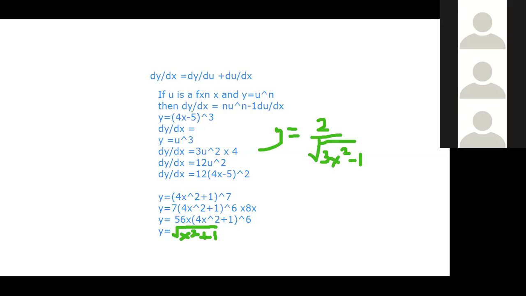Negative 6x into bracket 6x squared minus 2 exponent negative 3 over 2. Check your bracket now, it's not 6x. Check it.